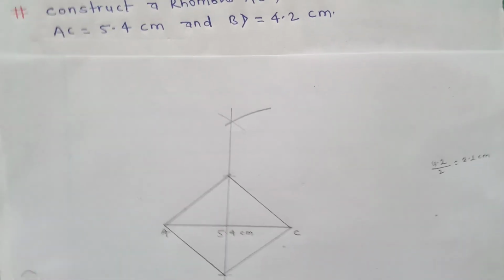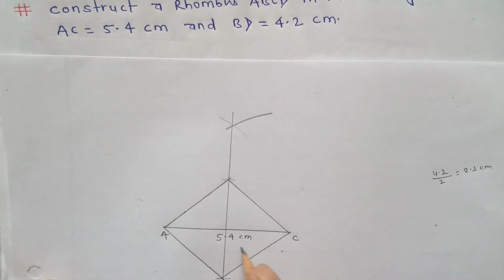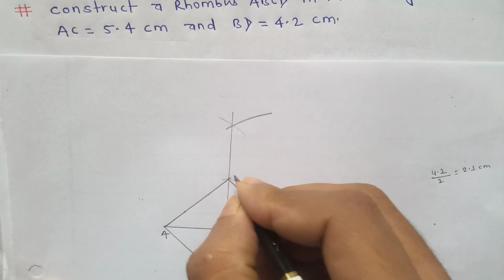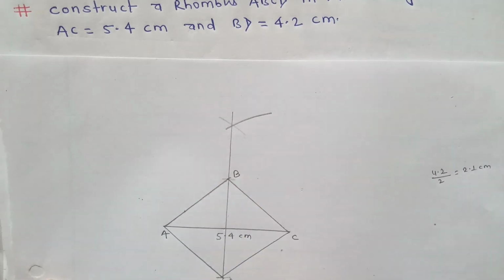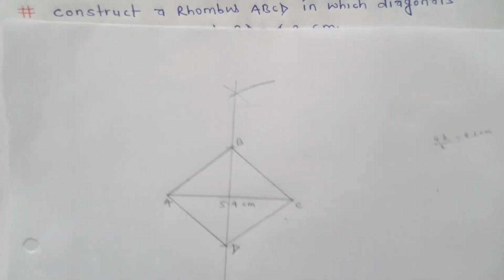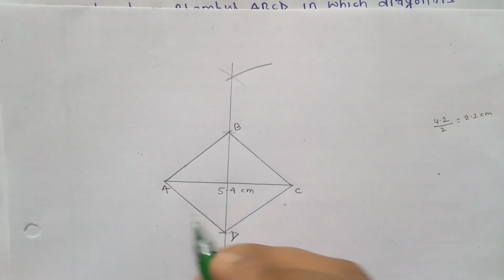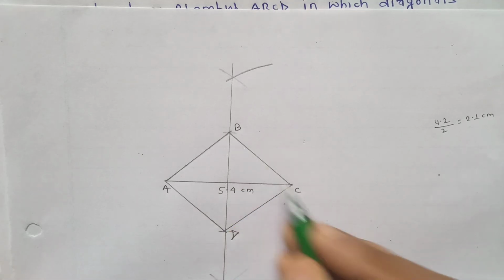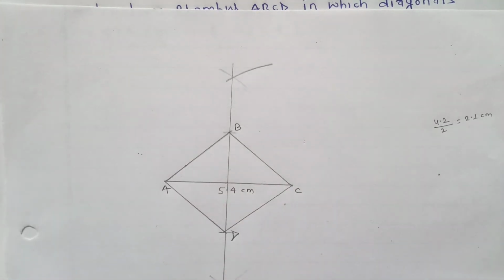You can check your question: AC is 5.4 centimeter and BD is 4.2 centimeter. Here is B and here is D, 4.2 centimeter. That means this is 5.4, clear, and the figure will be like that. Here we can say all sides are equal. So AD is equal to DC equal to BC equal to AB. This will come in your examination of class 9.